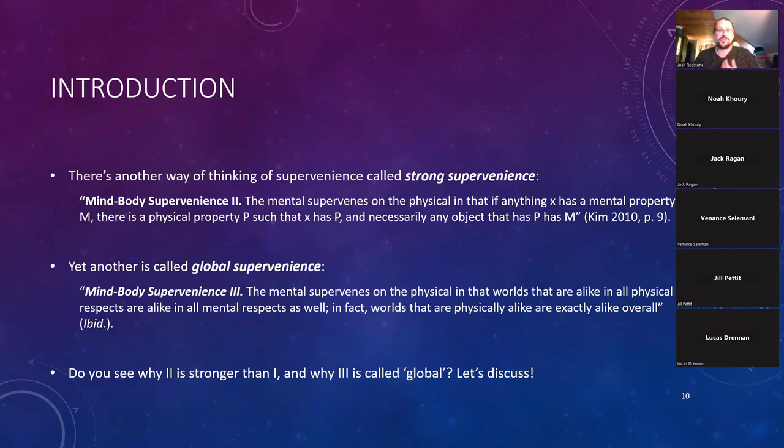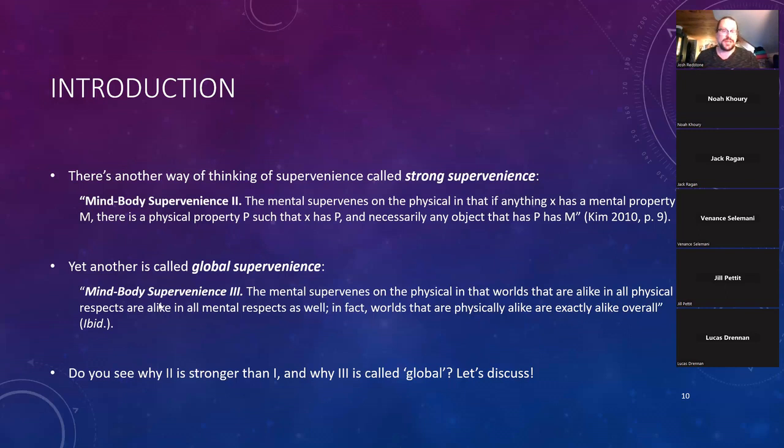I could be X. So Josh has a mental property of belief that Ottawa is the capital of Canada. So there will be a physical property that I have, namely some kind of brain state, perhaps, such that I have that brain state, and any object X, any other person that has the brain state P also has the belief that Ottawa is the capital of Canada, right? Do you see what I mean? This is stronger because of the way it's formulated.